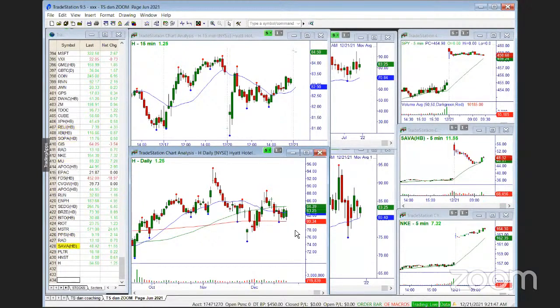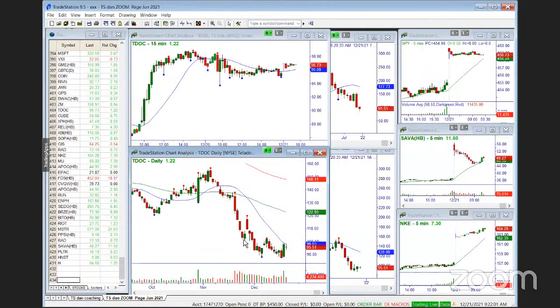Amazingly, we kept a lot of them. And here's one right here, Hyatt. If that triggers over Friday's high, then it's fine. There were a lot of bullish inside days. Look at T-Doc, that looks fantastic. I'm going to put that in a window over here.